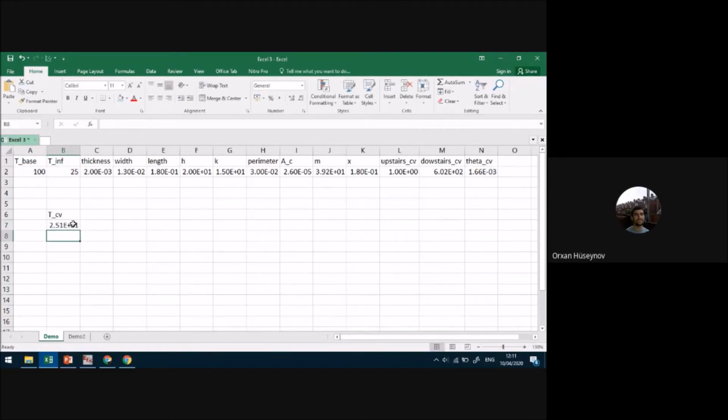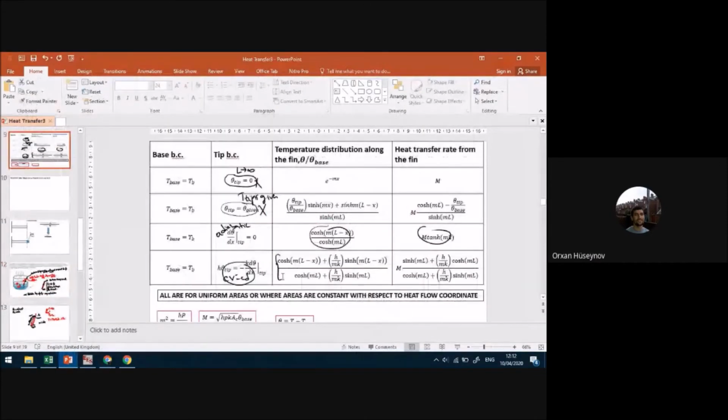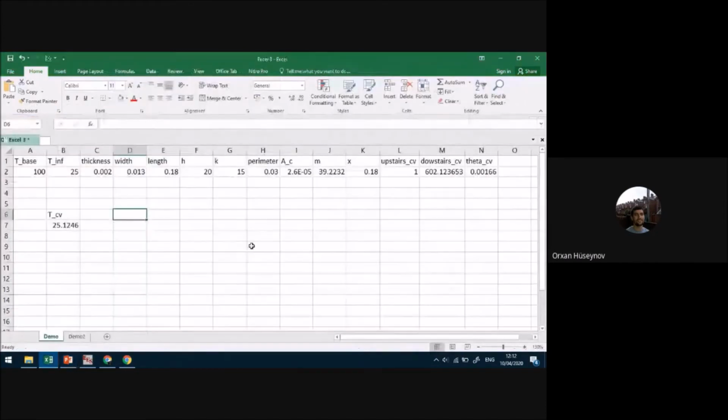See, this is almost 25 degrees, but now we'll approximate this one as the adiabatic tip. So we'll calculate it as adiabatic tip. The adiabatic tip formula is cosh M(L minus X) divided by cosh M into L. So let's do it.